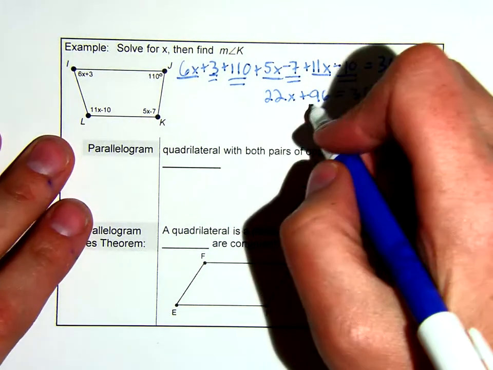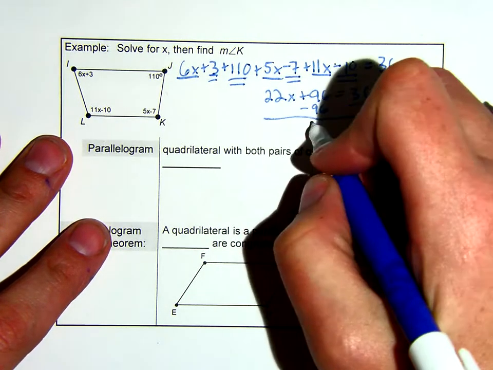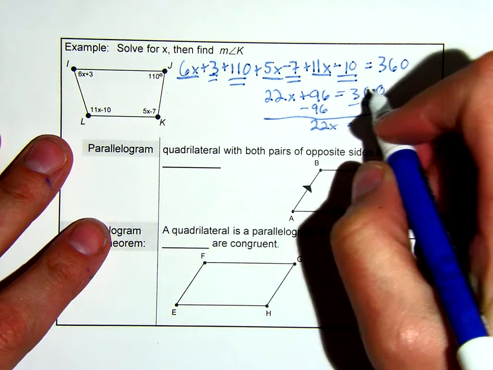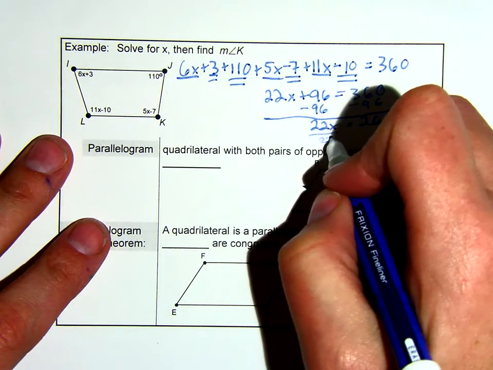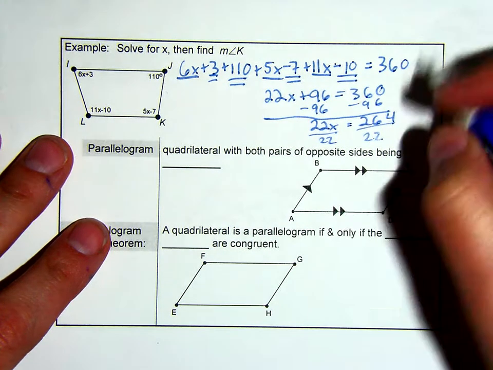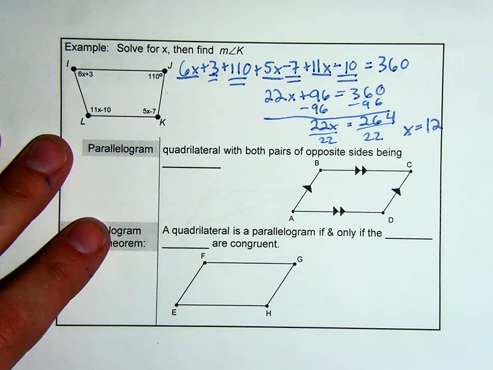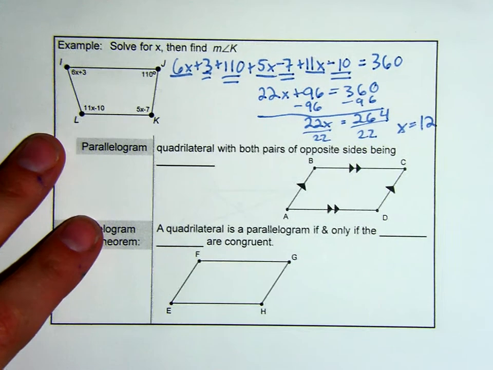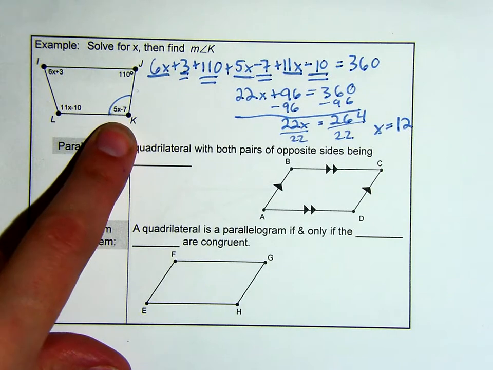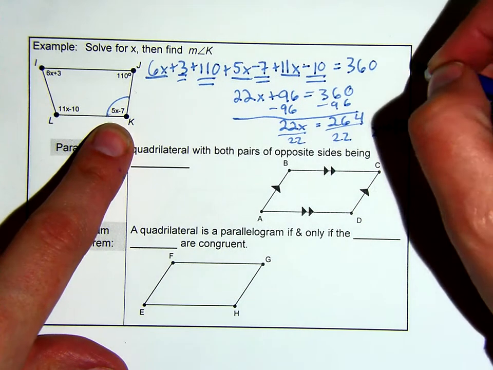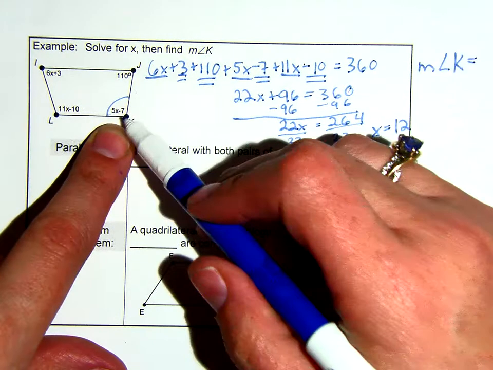We are going to subtract 96 from both sides. We get 22x equals 264. We divide by 22, and we get x equals 12. Now we need to find the measure of angle k. So the measure of angle k was our 5x minus 7. To find the measure of angle k, we are going to plug in our 12 for x.